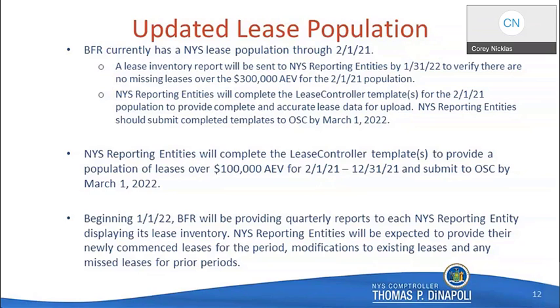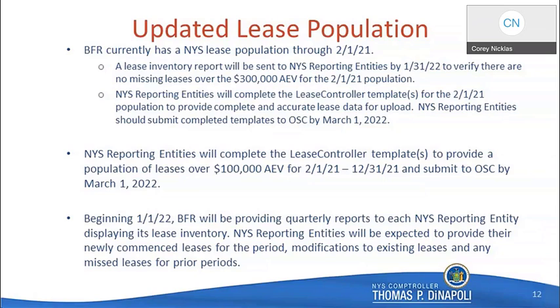So the first step being BFR, as I said, has compiled a lease population for New York State through 2/1/21, which was broken out a few slides ago. We will be sending a lease inventory report to each New York State reporting entity by the end of January to verify there are no missing leases over the $300,000 AEV threshold for the current population we have.